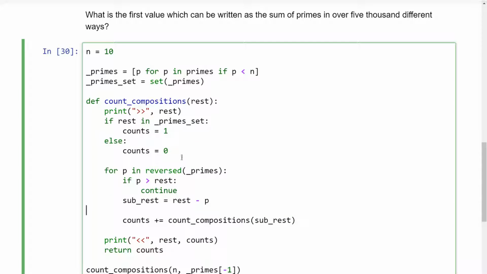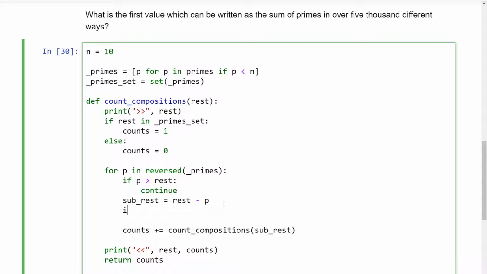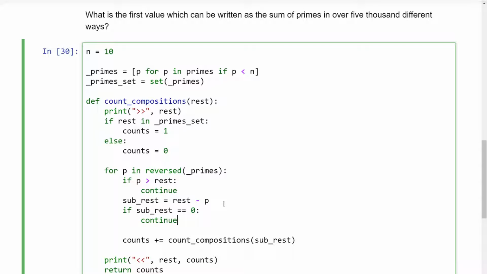And that's the one thing. If rest equals 0, subrest, then we continue, because there's no way to partition.